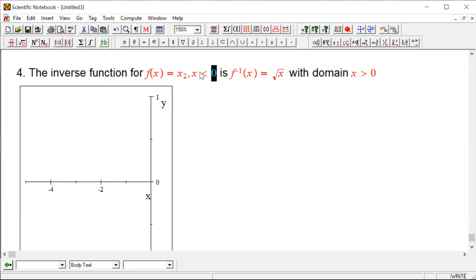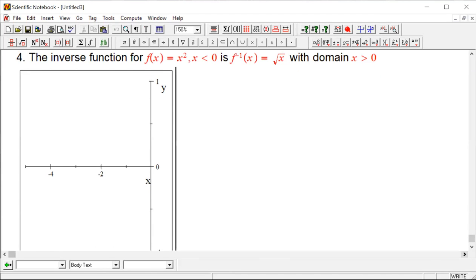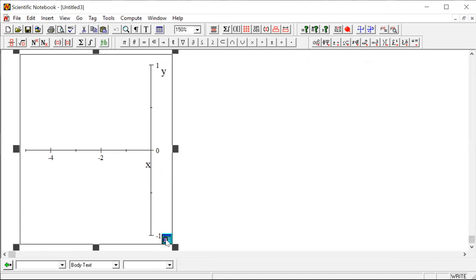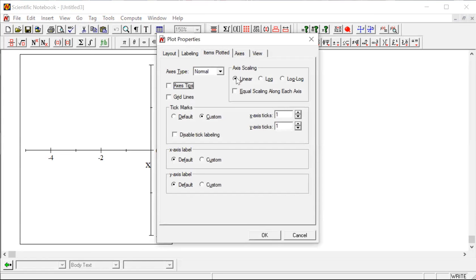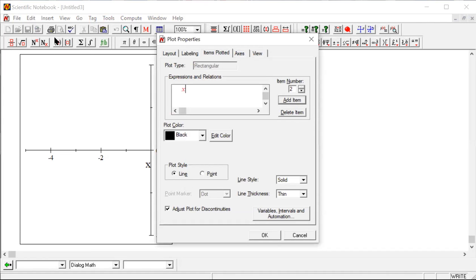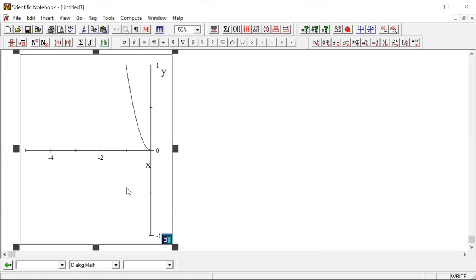Sorry, this should be x squared, my bad. So it's this piece, and we're going to graph that piece. So we get that piece of the function.